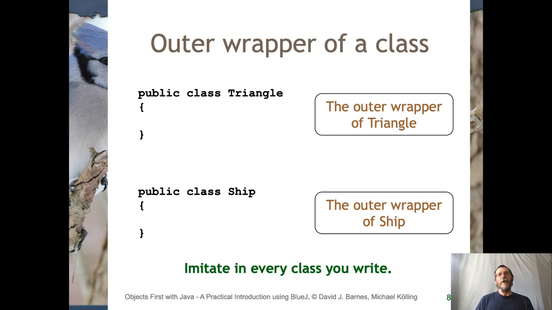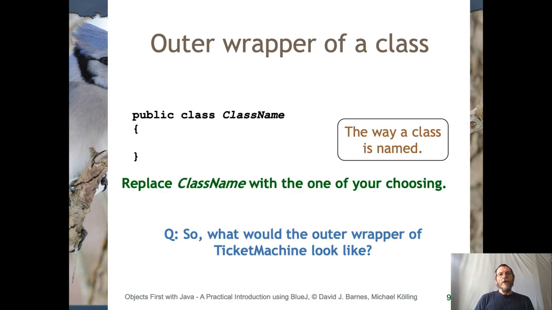So by memorizing and imitating the form that you see here, you can now write a class of whatever name you wish to. So what we can say is that the outer wrappers of classes have a common or standard form in which we use the word public and class, and then the only variation is the name of the class that we're seeking to create.